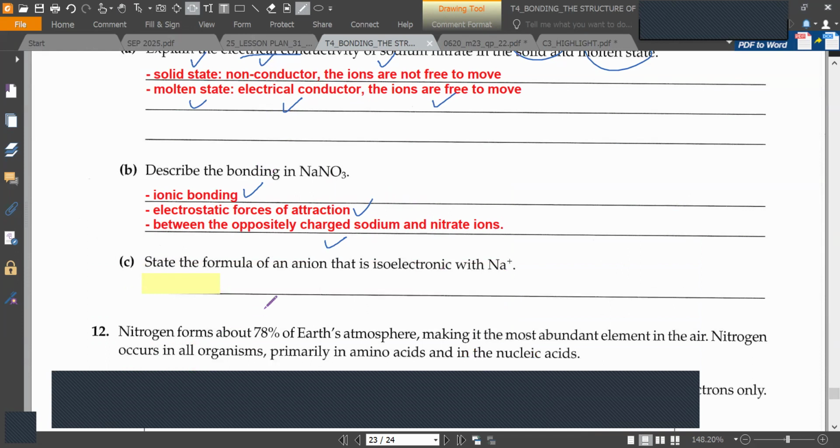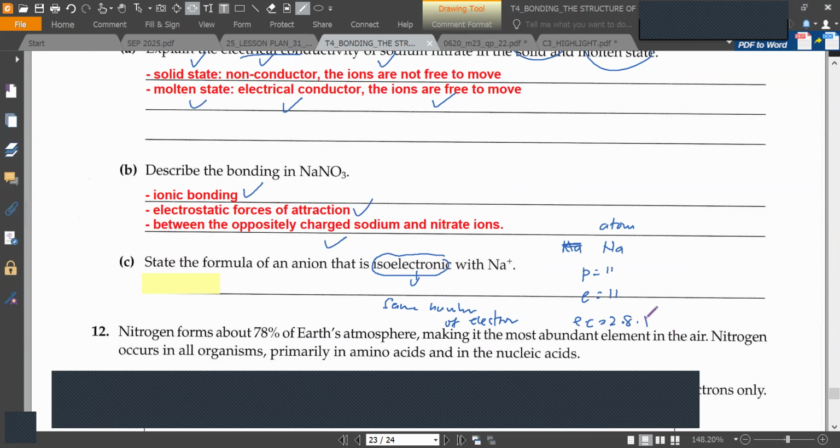State the formula of the anion that is isoelectronic with sodium ion. Isoelectronic means same number of electrons. First, sodium atom: proton 11, electron 11, electron configuration 2,8,1.